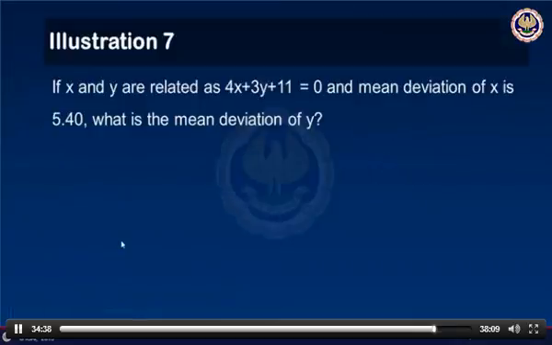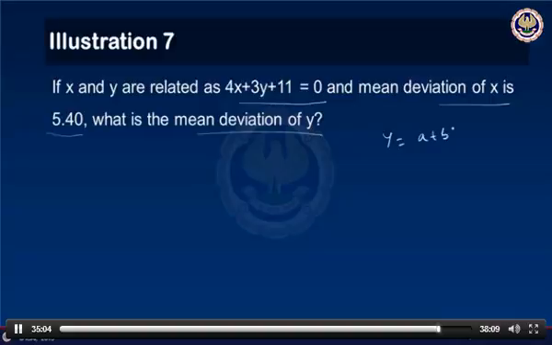Now coming to illustration number 7: if x and y are related by 4x plus 3y plus 11 equal to 0, and the mean deviation of x is 5.40, what is the mean deviation of y? Already we have discussed the properties of mean deviation. Mean deviation is affected by scale.